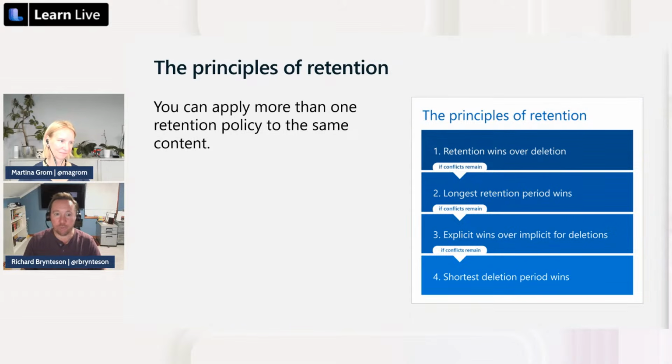So if I had two retention policies, one was 180 days and one was 60 days, the 180 would win. The caveat to that is if I've got an explicit delete. Maybe I've got a retention policy on the entire organization, but I have an explicit delete on a particular team, then that explicit delete will win, because it has a higher priority than the retention that was set at a higher level. And then again, if we've got deletions in conflict, the shortest deletion period always wins.